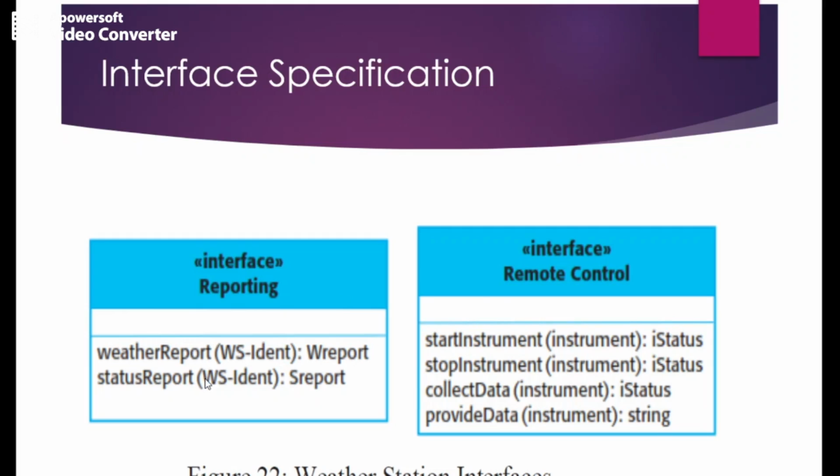You have the methods or the operations. You can see here you have weather report, status report, and under remote control you have start instrument, stop instrument, collect data, provide data. So all those methods you have.